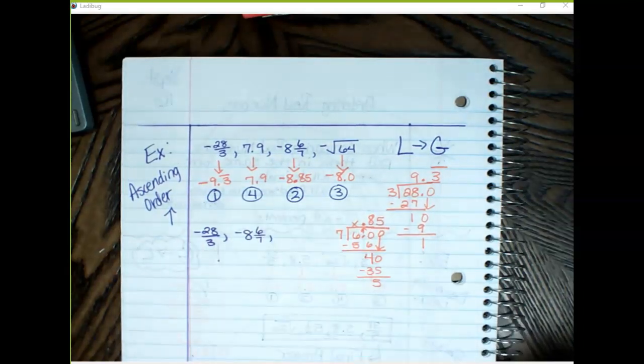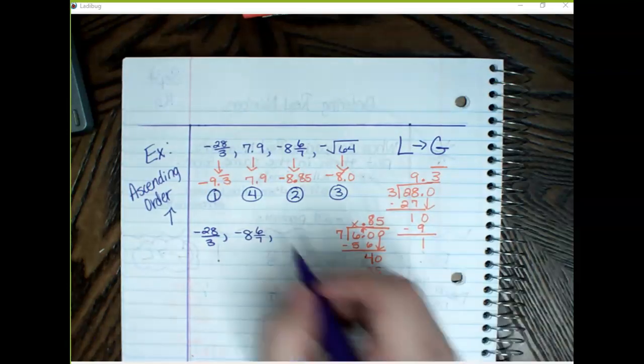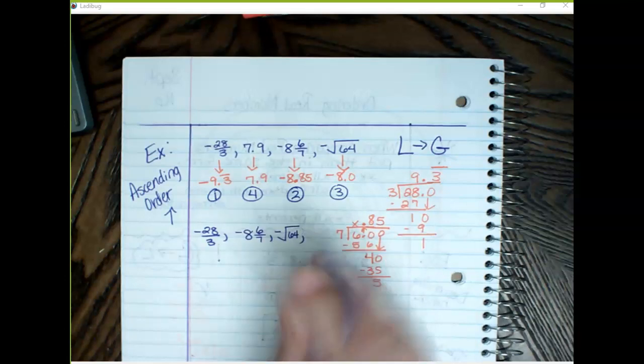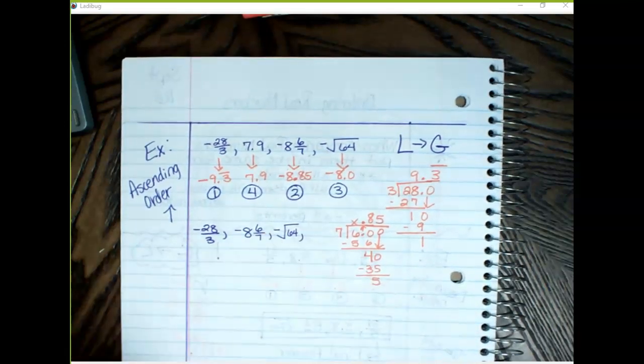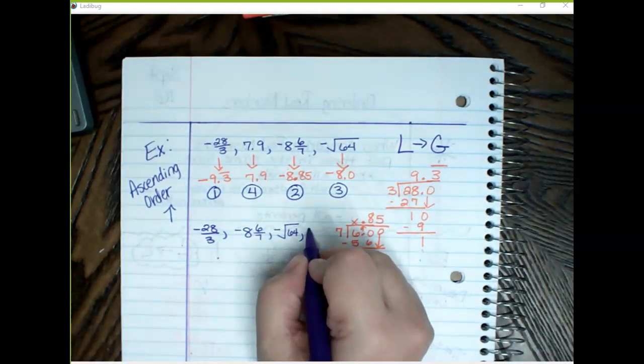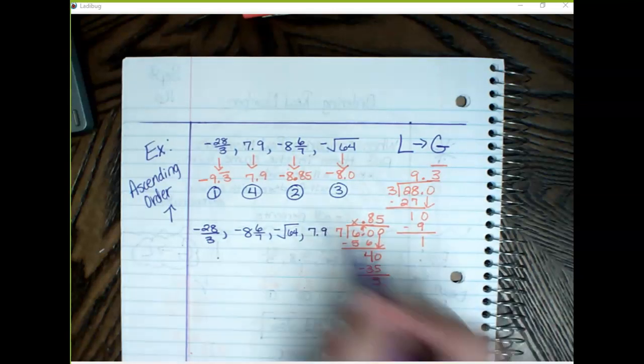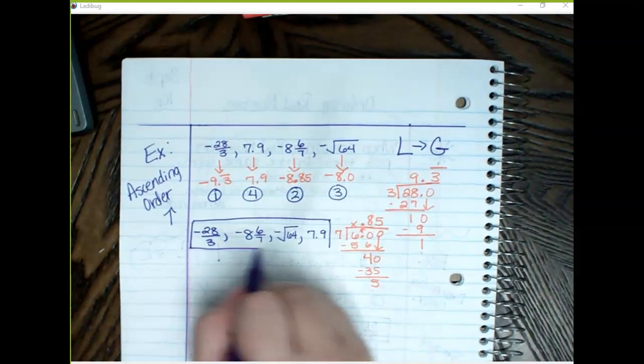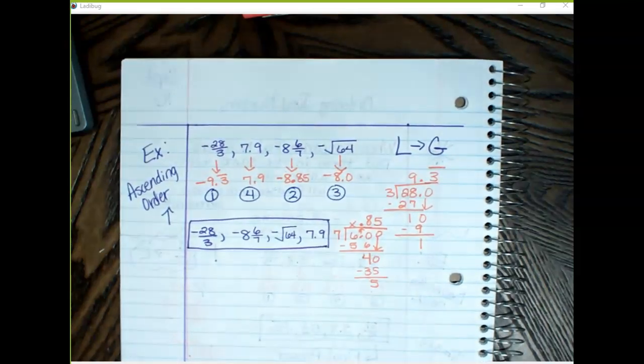Third place. Negative square root of 64. Don't forget the negative. And then last place is 7.9. Final answer, put a box around it. Look at all that beautiful work. Beautiful notes.